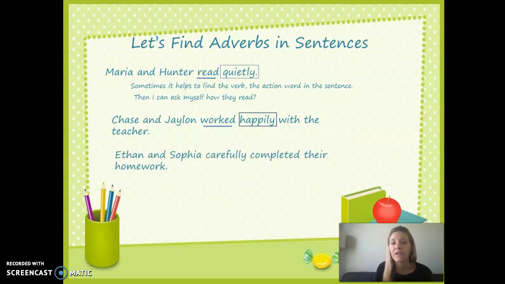Ethan and Sophia carefully completed their homework. What did they do? They completed their homework. How did they complete their homework? They carefully completed their homework. The adverbs in these sentences are quietly, happily, and carefully.